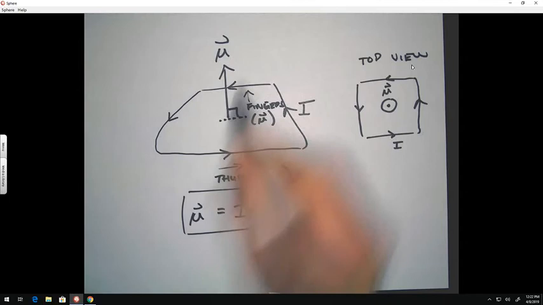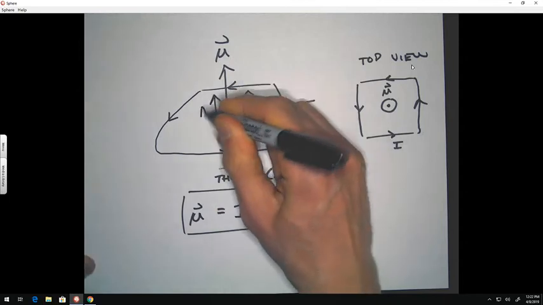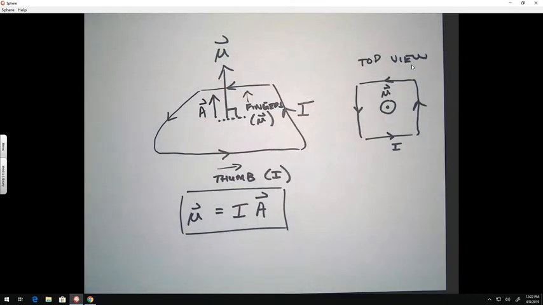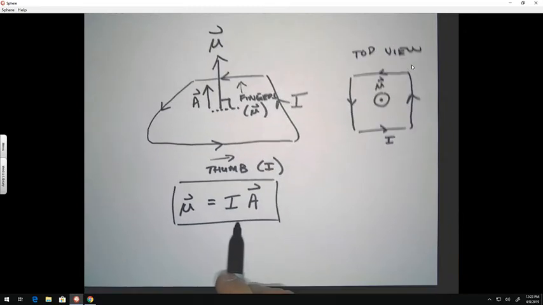And so the area vector has got to have the same direction as the dipole moment. Okay, so these vectors have the same direction, and then we're just treating I like a scalar, which technically is what it is.